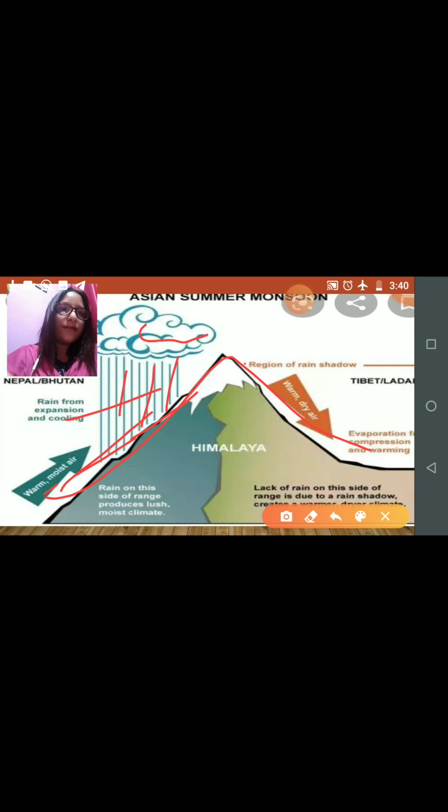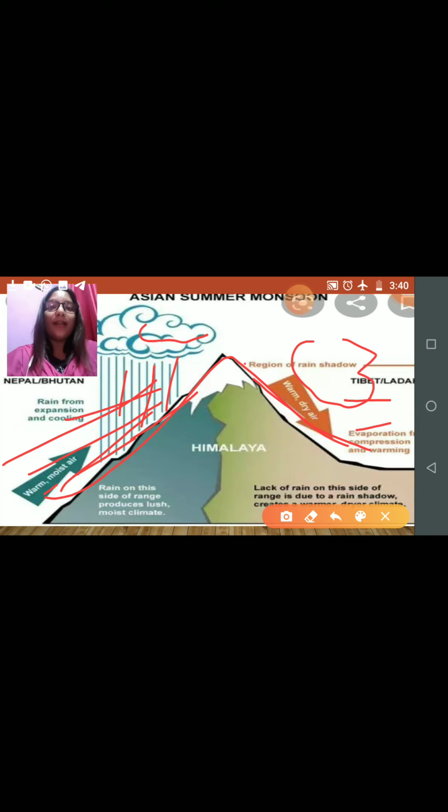The regions of Tibet, Ladakh, and other parts of Asia remain dry because they fall on the leeward side. So the direction from which the winds are blowing also plays a very important role in bringing rainfall. This is how orographic rainfall is also a part of our Asian climate.